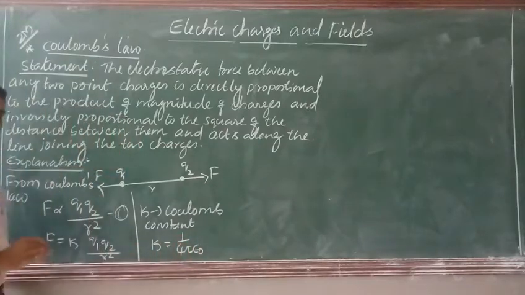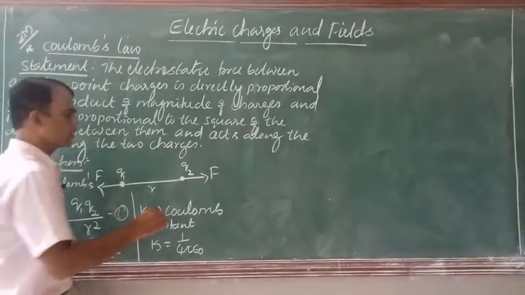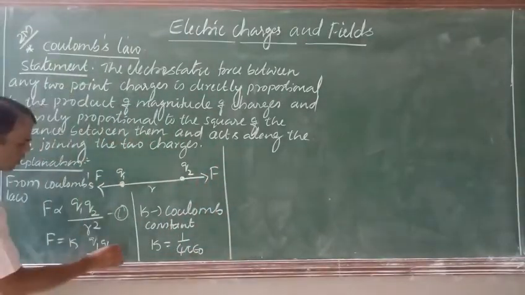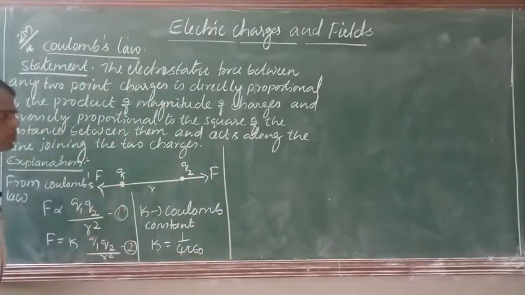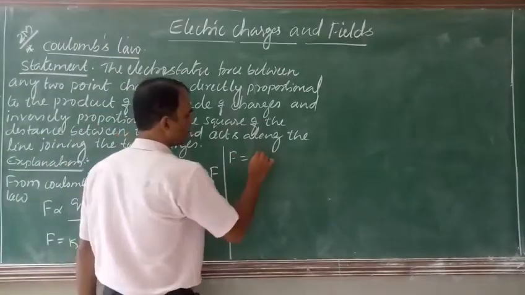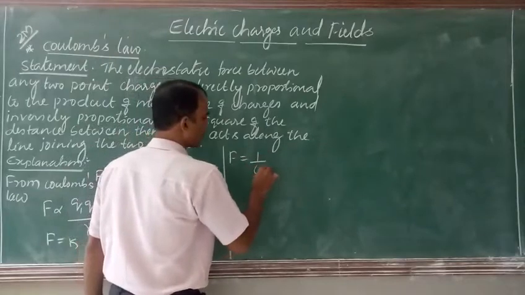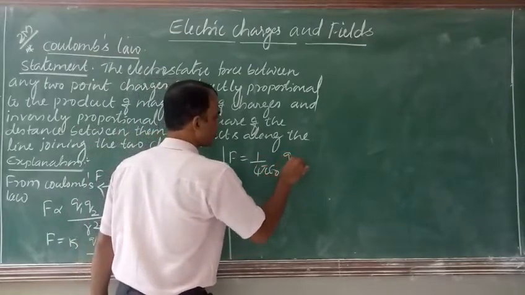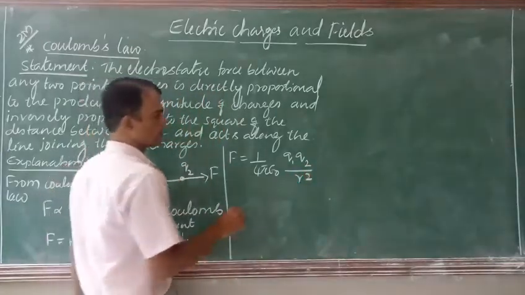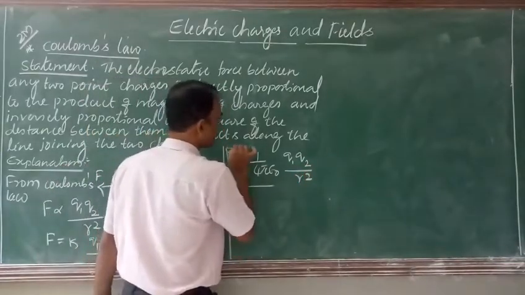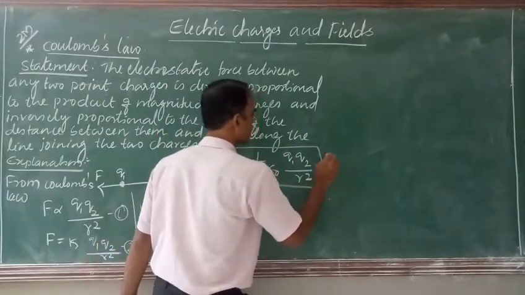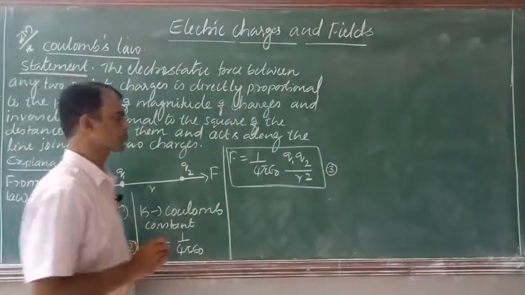By substituting this value, our equation 2 becomes F is equal to 1 by 4 pi epsilon naught Q1 Q2 divided by r square. So this is the mathematical form of Coulomb's law. We call this equation 3.